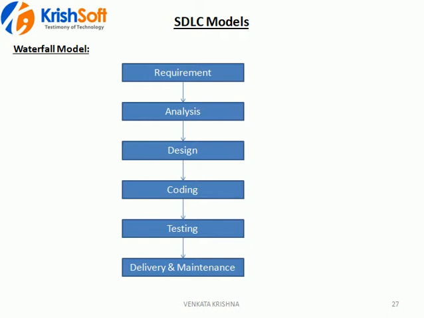Design phase, coding phase: until every coding is completed, there is no testing for the testers. We have to wait until everything is coded, and then the testing phase enters the picture. Once everything is tested, then we go to delivery and maintenance. This is how the waterfall model works.